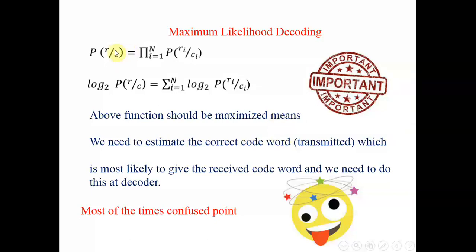Your current event is the code word which you have received. So I want probability of R given C. This function needs to be maximized. As a decoder, you will receive the code word and now you want to predict what correct code word the encoder must have transmitted so that I am getting this as the received code word. Right? So we need to estimate the correct code word which is most likely to give the received code word.